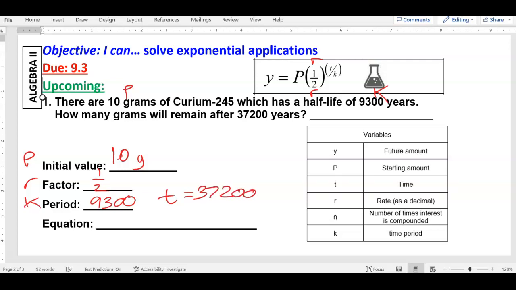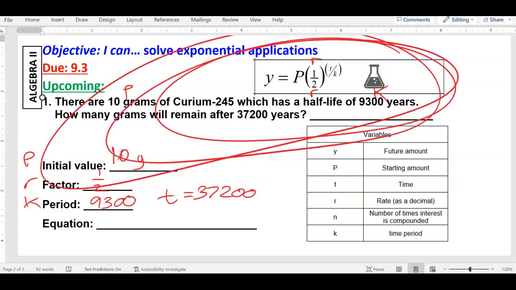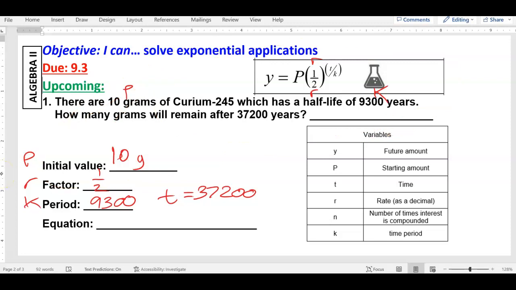Now that we have that, can we plug that into this equation up here? Let's do it. Y equals, what's my P? Y equals 10. And then parentheses, what's my rate, my factor? 1/2 or 0.5 is fine.